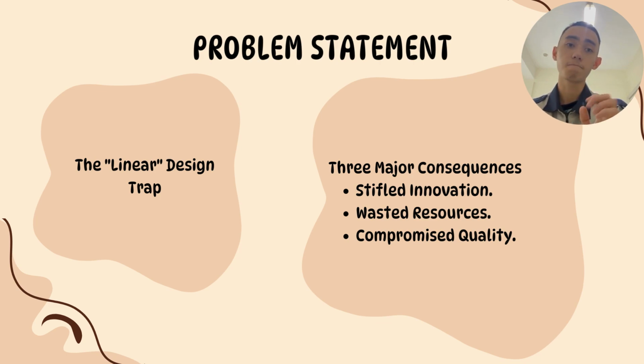And then there are three major consequences. First, stifled innovation. So designers play it safe and stick to boring designs to avoid engineer rejection, killing truly original ideas. And then wasted resources.